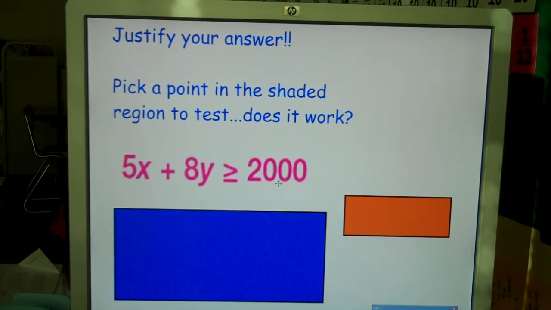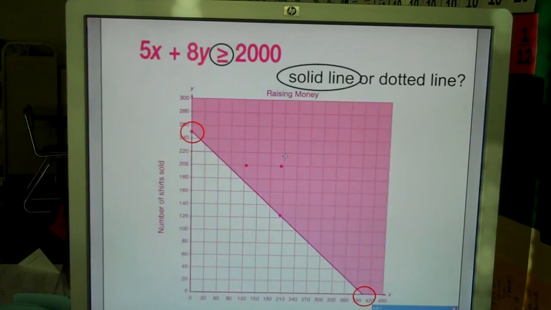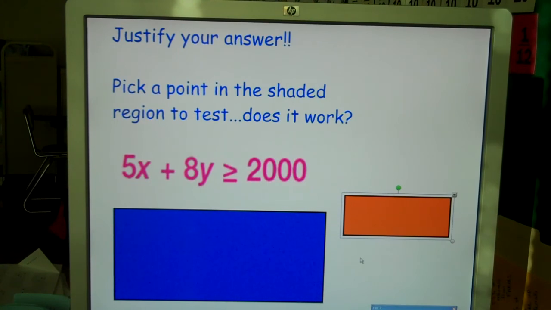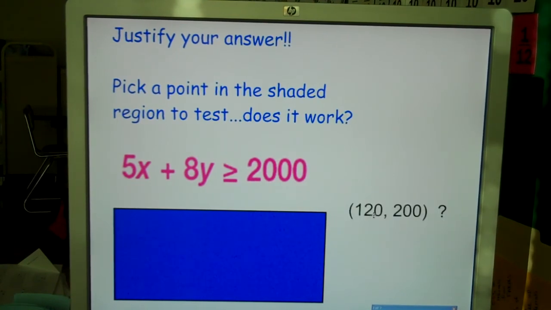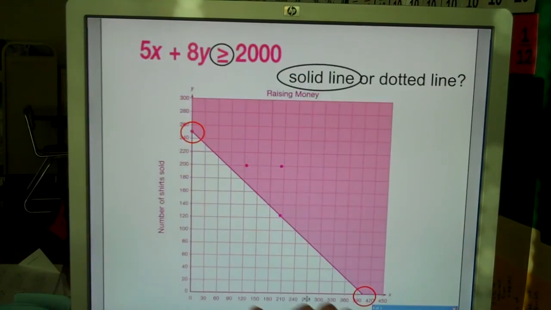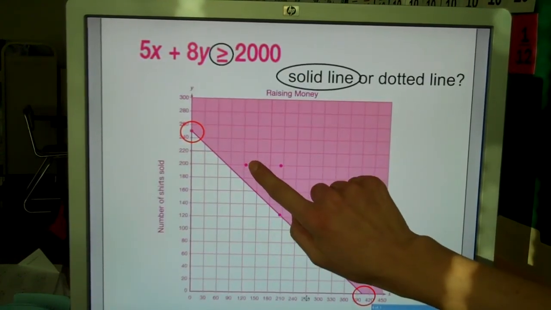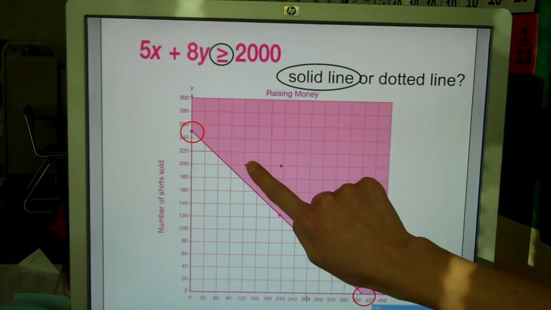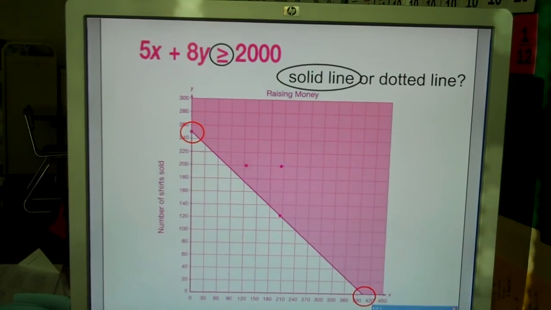Does it work? Now, I've done one for you, so don't you dare copy my example. Pick your own. Okay? I picked from this region. What did I pick? Oops. Delete. I picked 120, 200. Oh, I picked this point right here. It's in the pink. So should it work? Yes, it should.